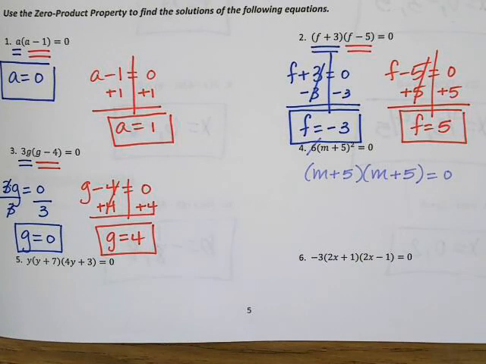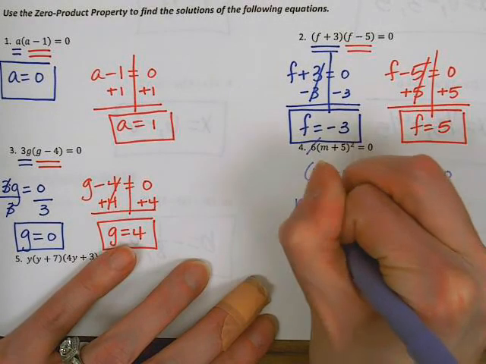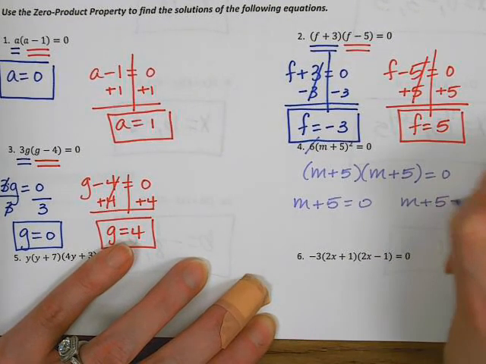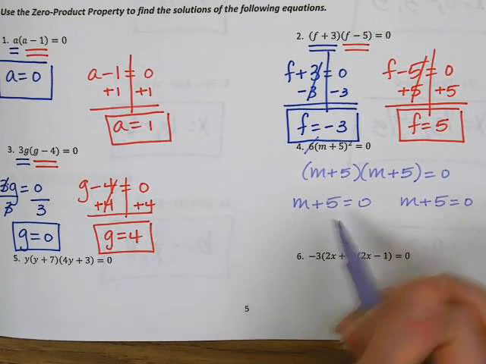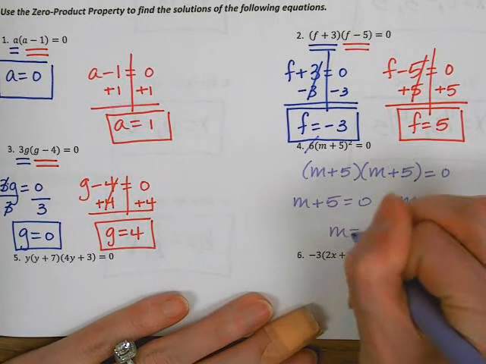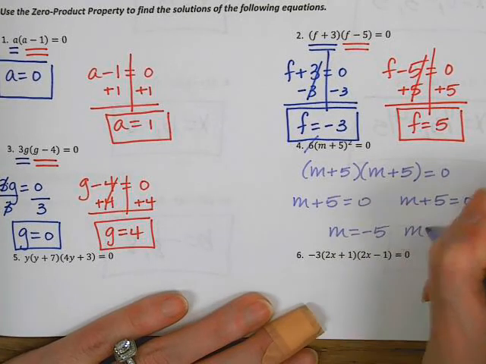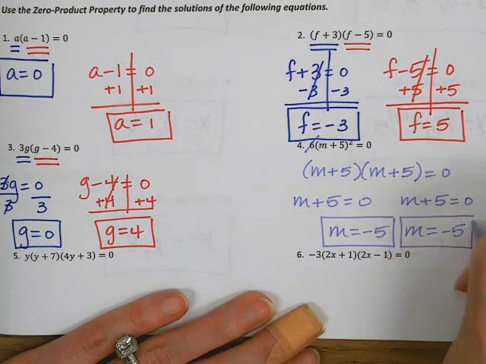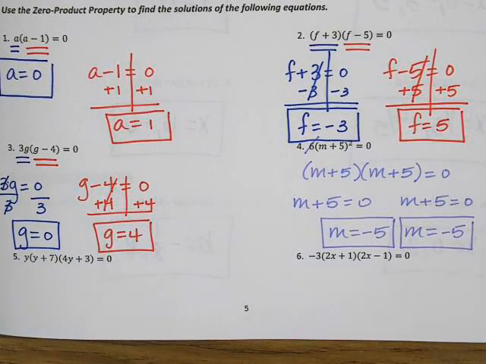And the 6 actually doesn't affect it. All right, so this one would be m plus 5 equals 0 and m plus 5 equals 0 again. So you would minus the 5 over, minus the 5 over. This one we just have a double solution at negative 5. Okay, it's just like a repeat solution.